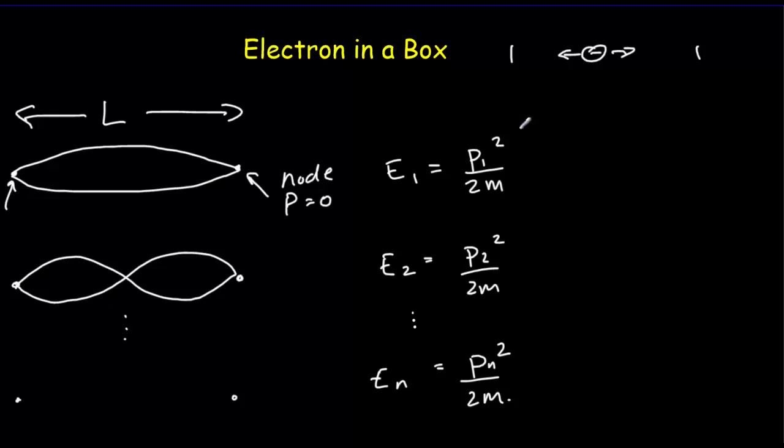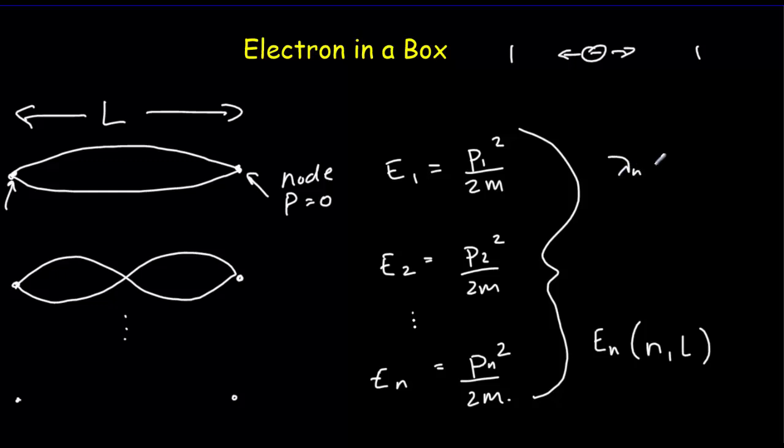Now, what we're going to do is try to work out these energy levels in terms of n and the length of the box. And we're going to do that by using that relationship I wanted you to remember for this case, where we have nodes at both ends, and that was that the wavelength of the nth energy level would be equal to 2L divided by n. And the other equation that we're going to use is simply from the de Broglie wavelength equation.